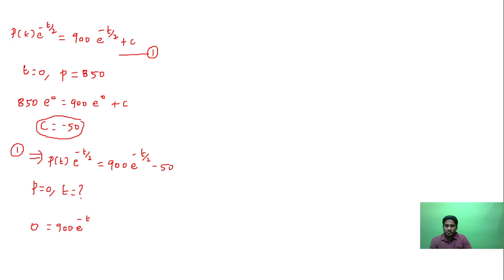0 is equal to 900 into e to the power of minus t by 2 minus 50. So shift it to the left side, you get 50 is equal to 900 e to the power of minus t by 2. This will cancel, 50 will cancel with 900, 18 times. So 1 upon 18 is e to the power of minus t by 2. This means that minus t by 2 is equal to log of 1 upon 18 to the base e.